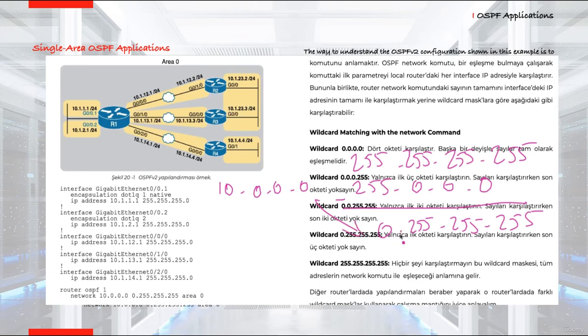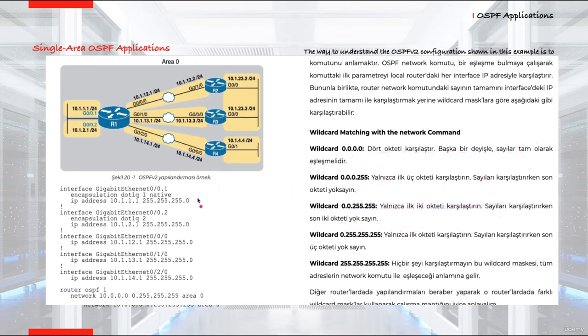Now let me show you how to use a different subnet mask. As an example, let's make a 10.1.0.0 subnet, and the prefix of this is 30. When the prefix is 30, our subnet mask becomes 255.255.255.252, where we have 30 bits.